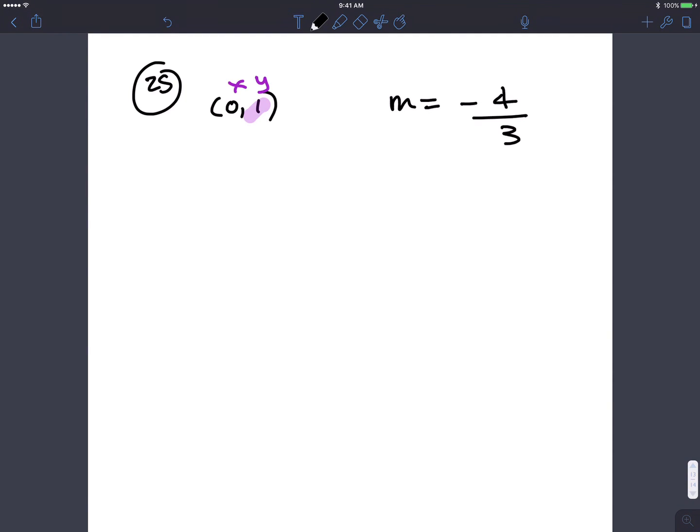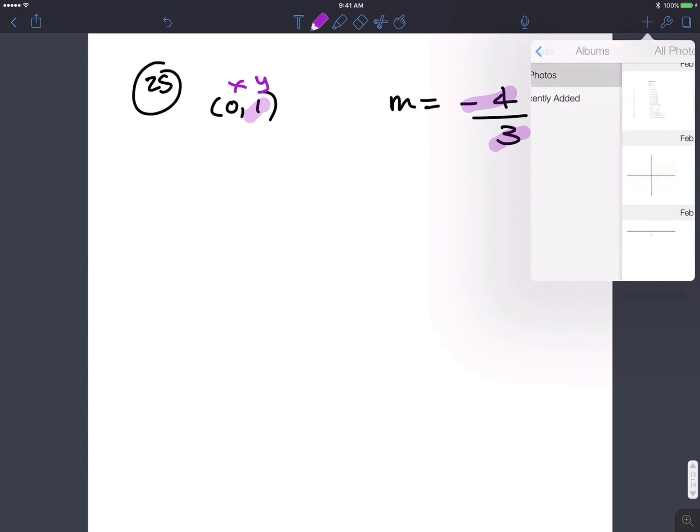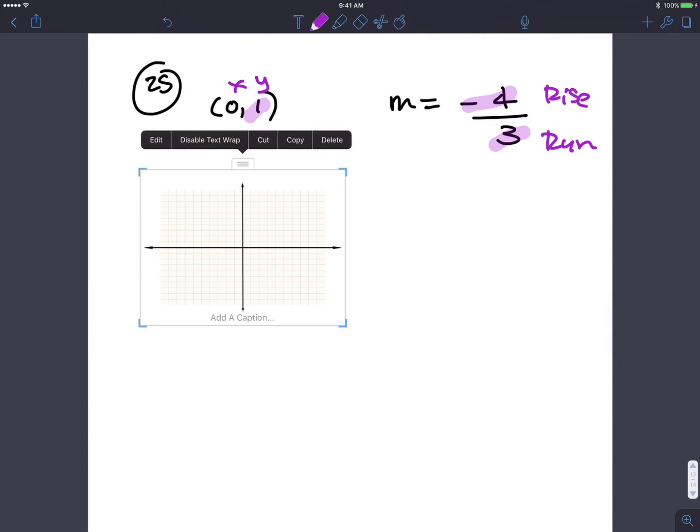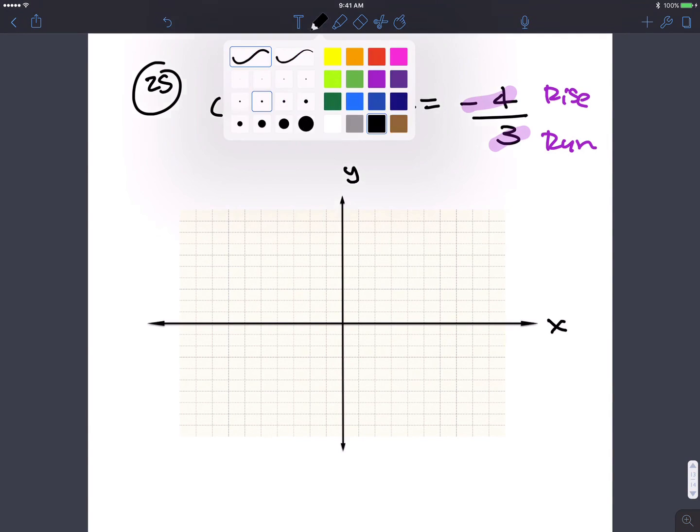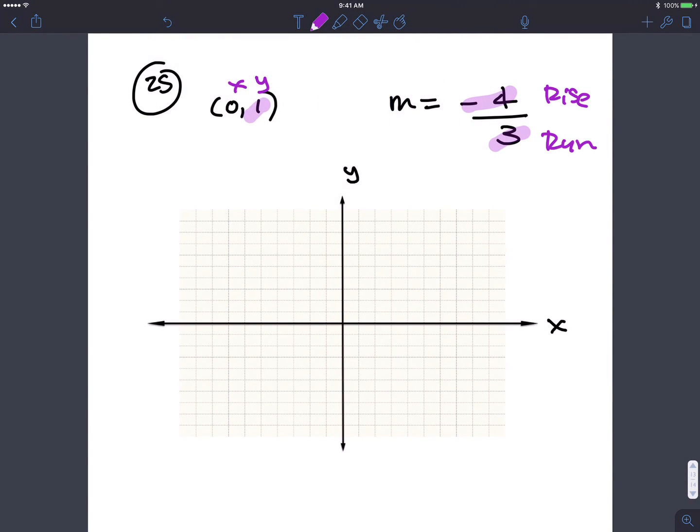Negative 4/3, where we have a rise of negative 4, a run of positive 3. That means I go down 4 units and I go to the right 3 units. X-axis, y-axis. On the y-axis, I'm at positive 1. So I go up 1 unit from the origin. Here's where I start.